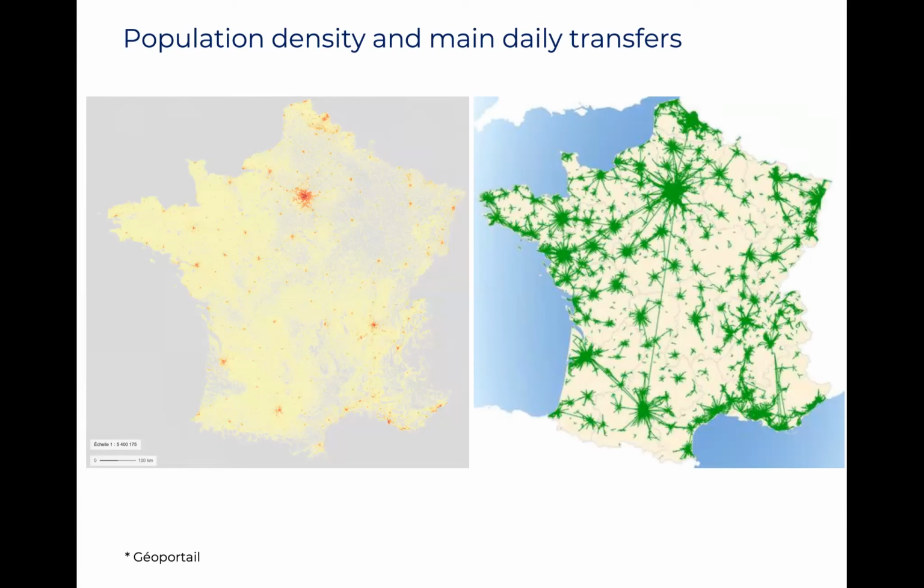Okay, and it was easy for you to estimate the coefficients for the PDE? Yes. For the diffusion it's quite easy because we know the mean displacement of a French citizen.